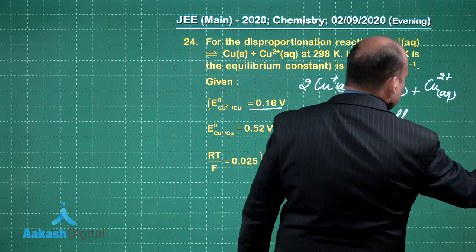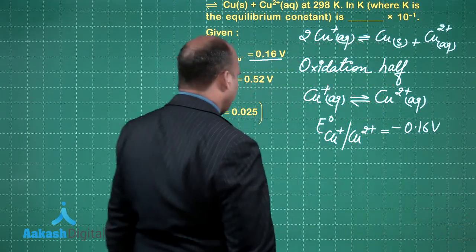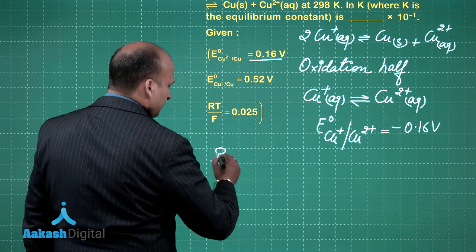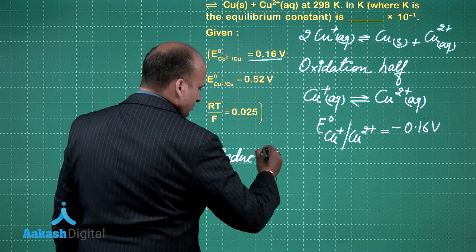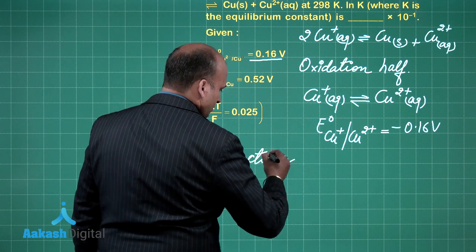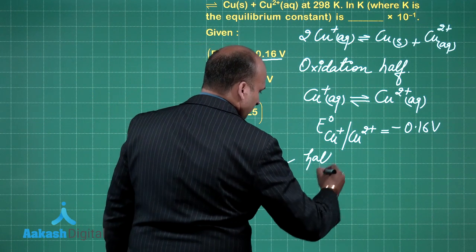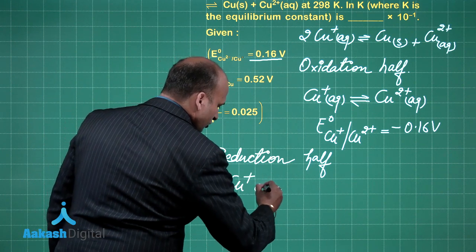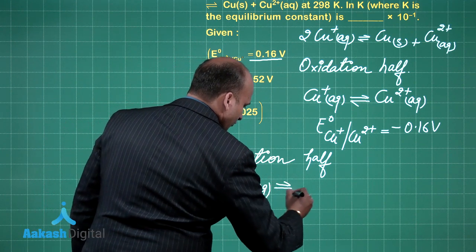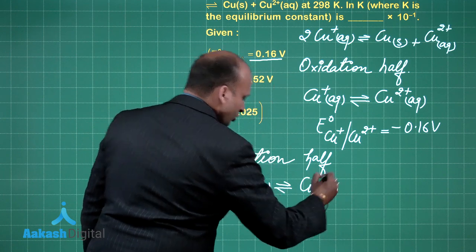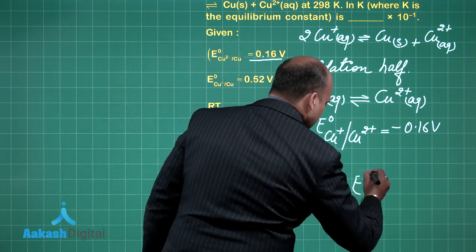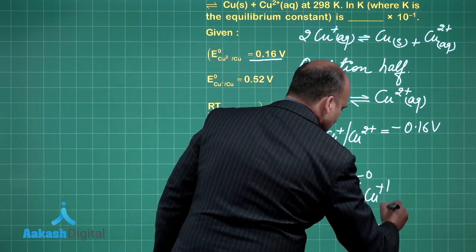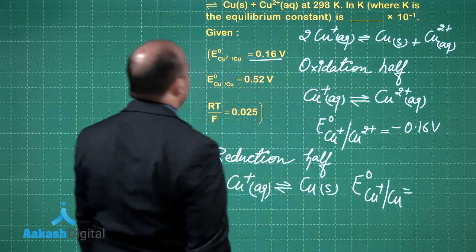Now, let us write the reduction half. When I write the reduction half, here you will be having Cu+ aqueous forming Cu solid, and here the E naught of Cu+ to Cu should be given.